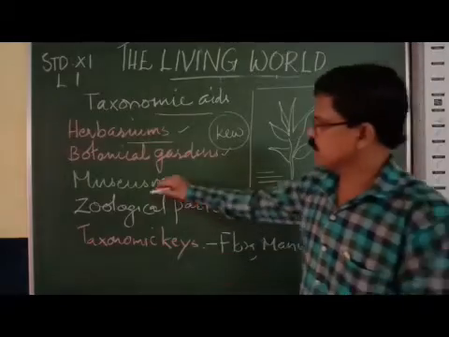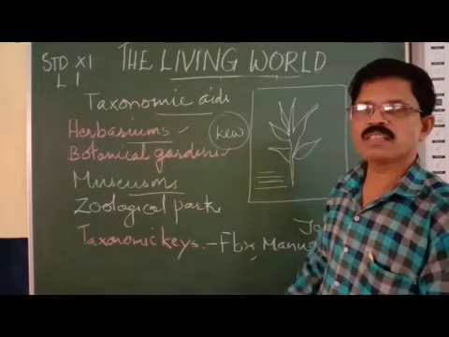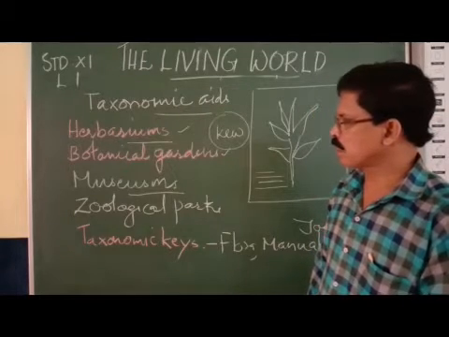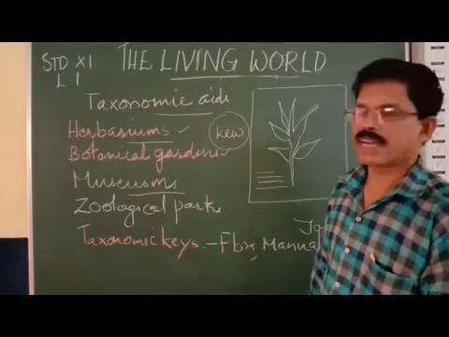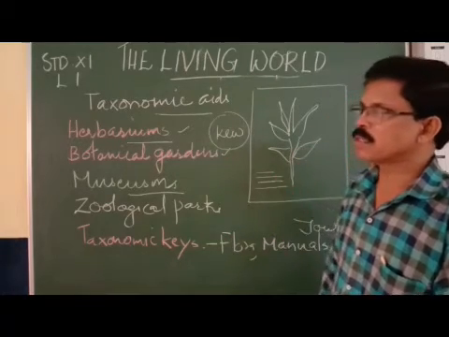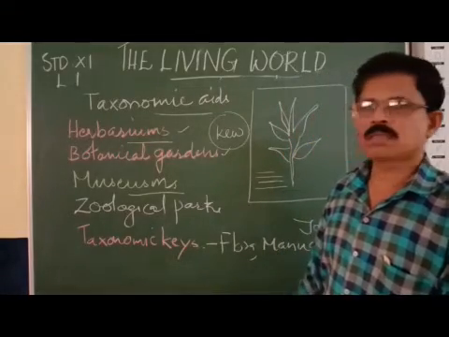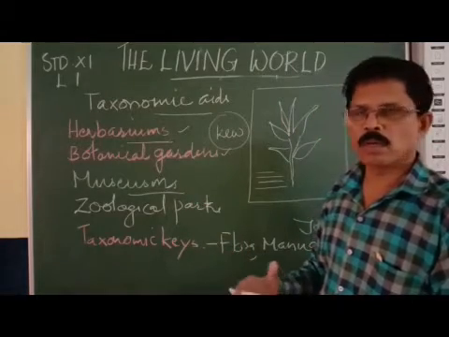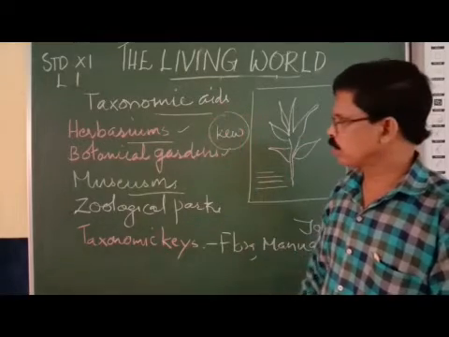Okay. Now museums. Museum is the storehouse. Museum is the place where the plants and animals specimens are kept. Even skeletons can also be seen in a museum. Museum contains the preserved specimens of plants and animals. Usually animals are kept in formaldehyde and liquid medium, which will maintain the specimen of animals for years together without damage.